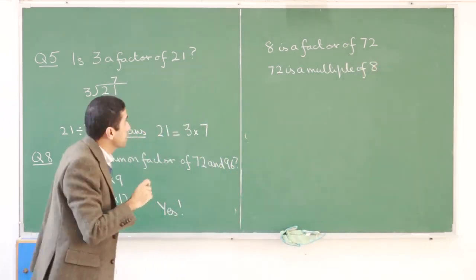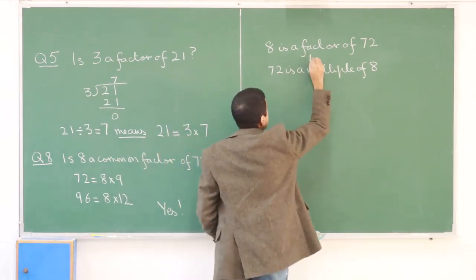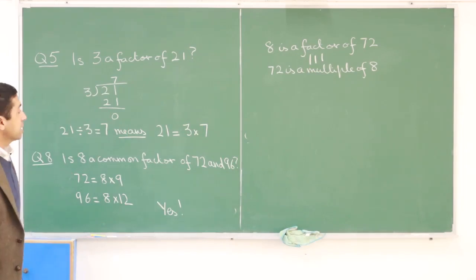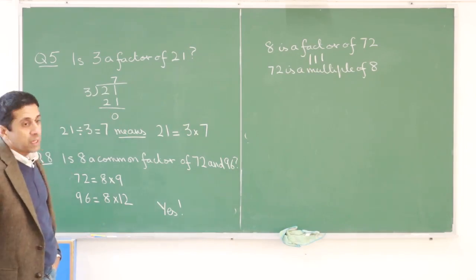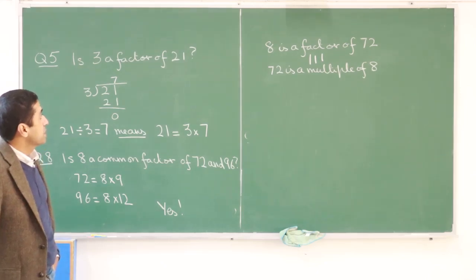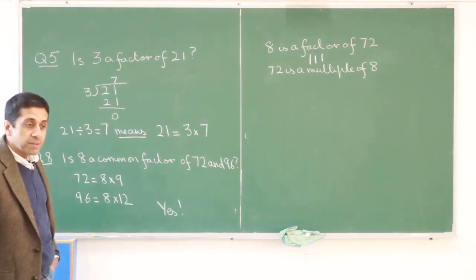Same thing. These are identically equivalent statements. They're saying that if you multiply 8 by something, you're going to get 72, which is 9. And if you divide 72 by 8, you're going to get 9. So that's the same thing.